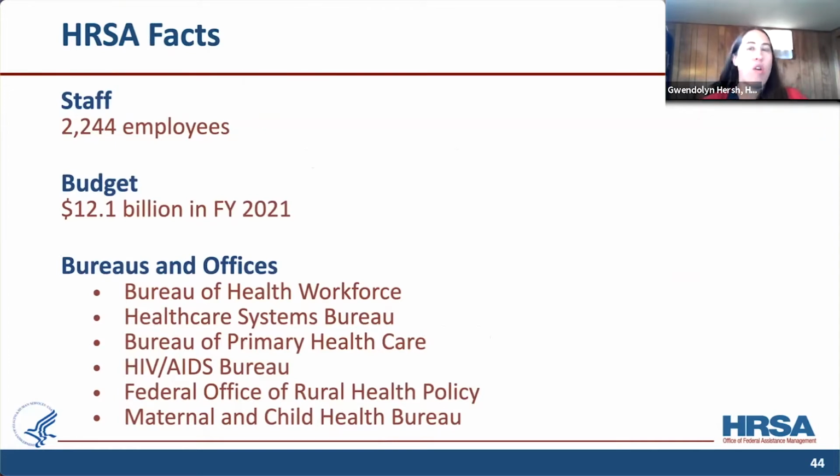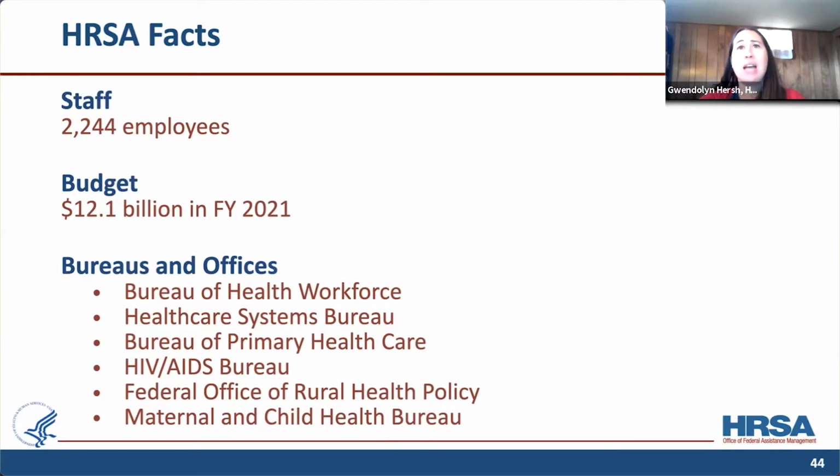Great. HRSA has a $12.1 billion budget for fiscal year 21. And this budget supports more than 90 programs that provide healthcare to people who are geographically isolated and those who are economically or medically vulnerable. This includes people with HIV and AIDS, pregnant women, mothers and their families, and those who are otherwise unable to access high quality healthcare.